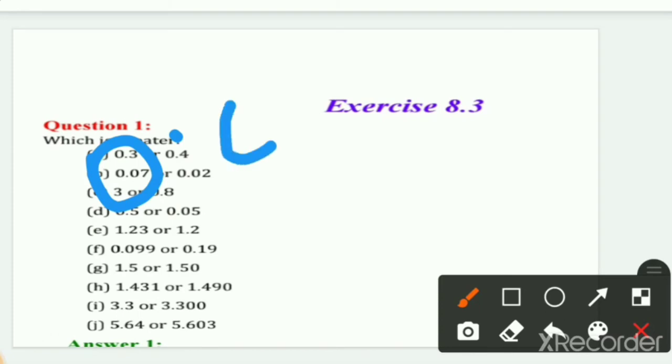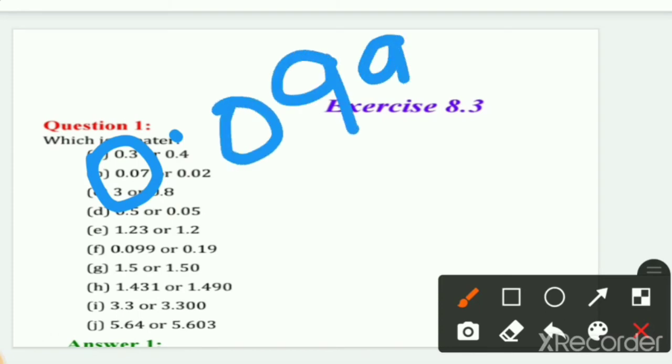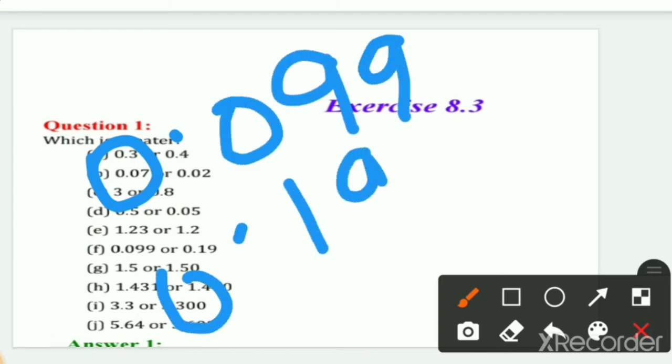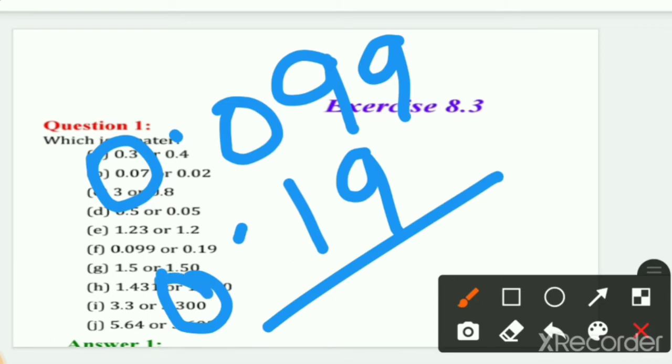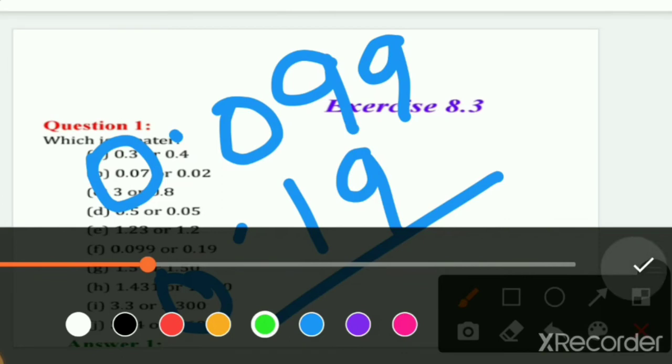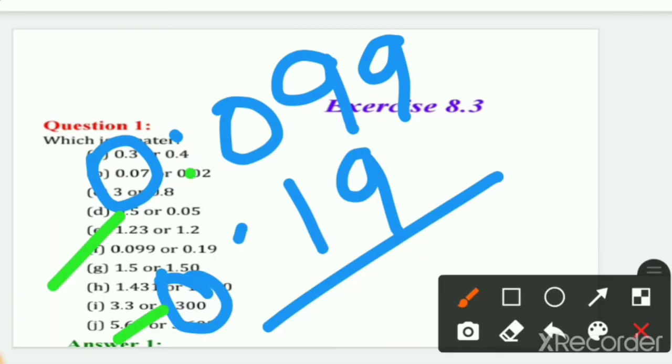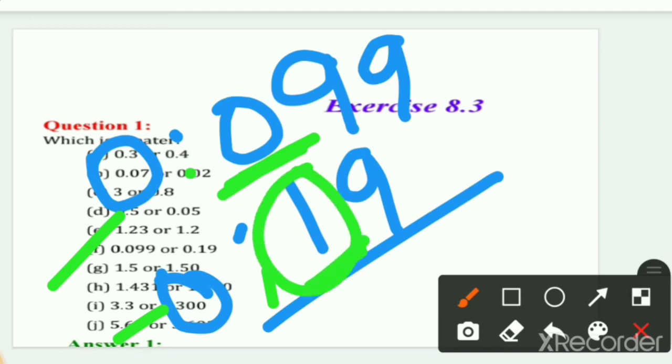This is 0.099 and this is 0.19. Now tell me which number is greater. See, the whole part is 0 in both, the same. In the tenths place this one has 0 and the other has 1. So you have to compare each and every place.